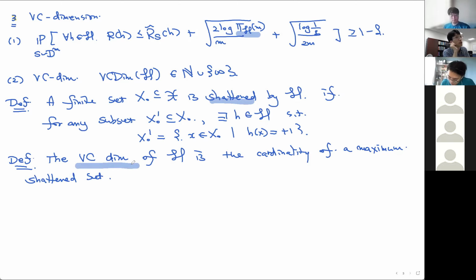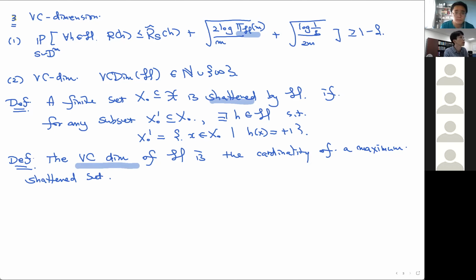Of course, there may be a case where this maximum shattered set doesn't exist. The shattered set is a finite set. There may be a finite set of size 3 which can be shattered, 4 can be shattered, 5 can be shattered, and so on. In that case, we say the VC dimension is infinite.